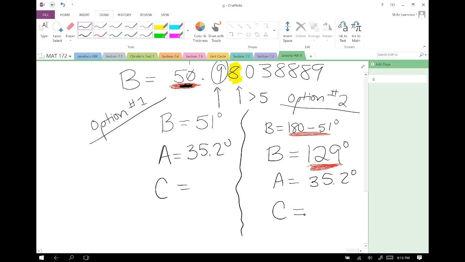So for option number 1, we've got 51 and 35.2. We'll subtract those from 180 to see what's left, and I get 93.8. Then for option number 2, we've got B is 129, A is 35.2, and we'll subtract those from 180 and see what's left. And here, we've only got 15.8.